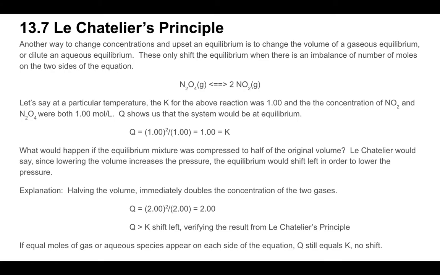You may multiply the top by 2 and divide the bottom, or multiply the bottom by 2, but your ratio is still the same. It's only when you have a different number of moles of products and reactants that changing the volume of a gaseous mixture, or adding water to an aqueous solution will affect your equilibrium, because otherwise Q will still equal K. There won't be any shift.